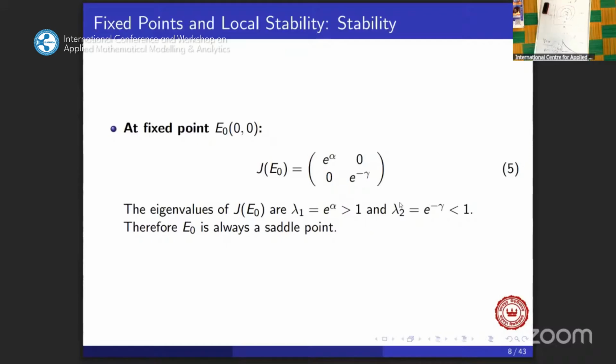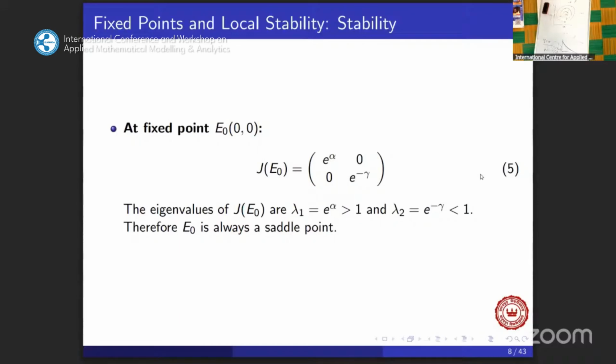In the model system, you know alpha is greater than 0, so the value is always greater than 1, and the other eigenvalue e to the power minus gamma is less than 1. Therefore, E0 (0, 0) is a saddle point.